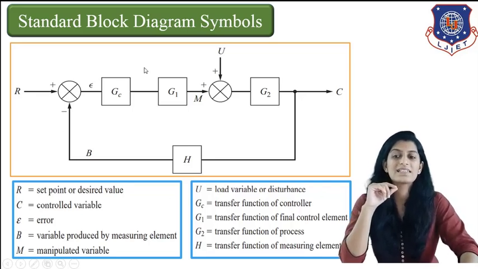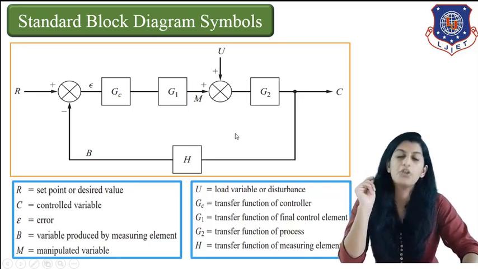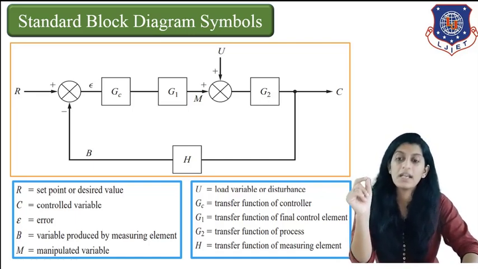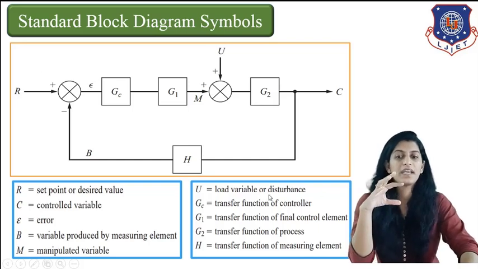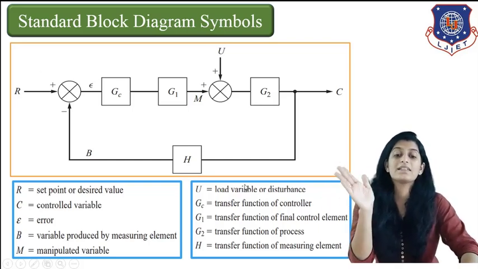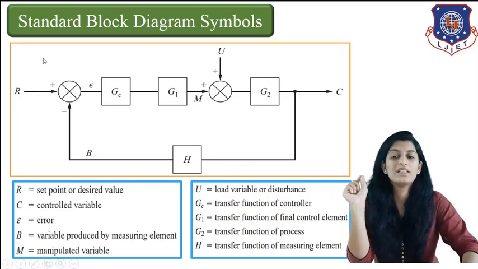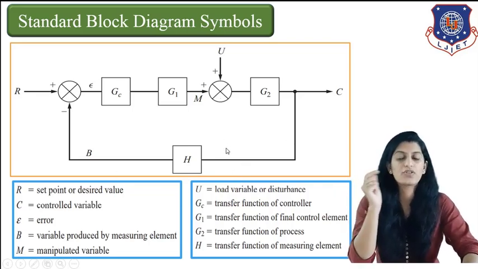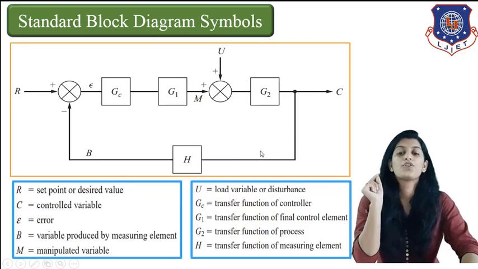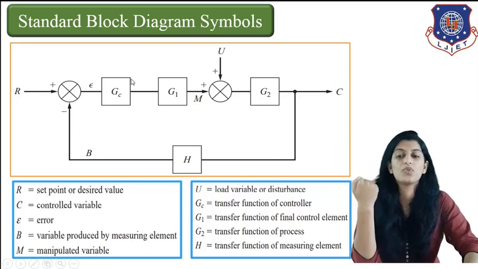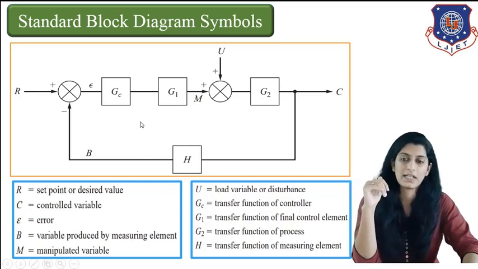So these are the symbolic representations of different blocks or transfer functions and their duties which we represent in the standard form. Whenever you are dealing with numericals, you will see these kinds of symbols there. So it is quite essential to know and understand the meaning of G1, G2, E, B, R, etc.